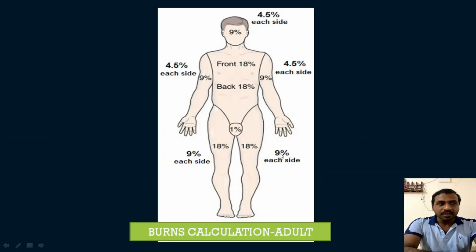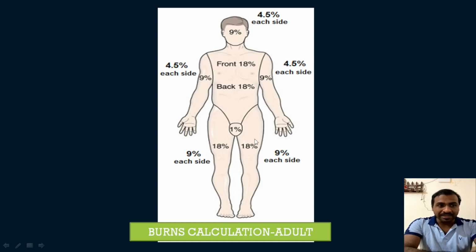Here is the burns calculation in the adult, and we can see that the head and the trunk contribute about 9% of the total body surface area. The front and the back, including the chest and the posterior back, have been given 18%, 9 each in both areas. So 18% in the front and 18% in the back, and each side they have given 4.5%, which contributes about 9%.